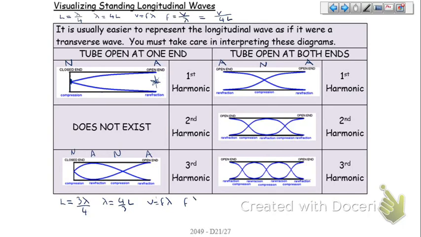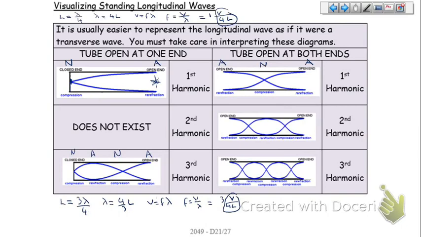F is equal to V over lambda, which equals V, and 4L goes on the bottom and 3 goes on the top. If I look over here, this was 1 times V over 4L, and this is 3 times V over 4L. Whoa, 3 times the frequency, third harmonic.